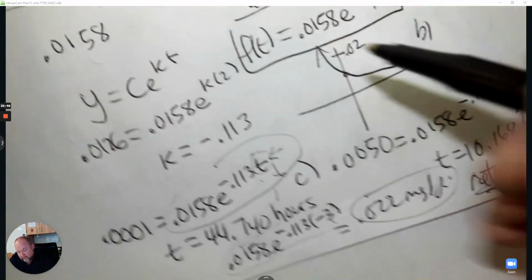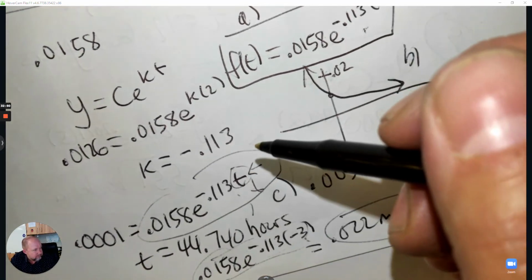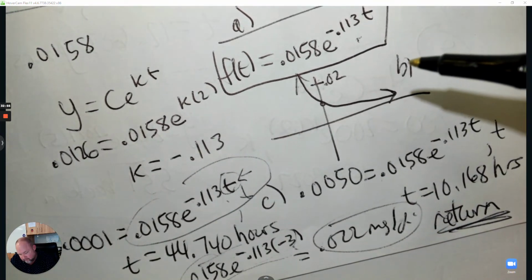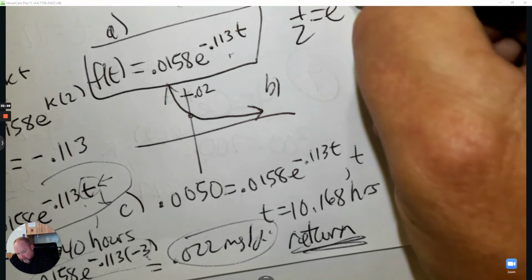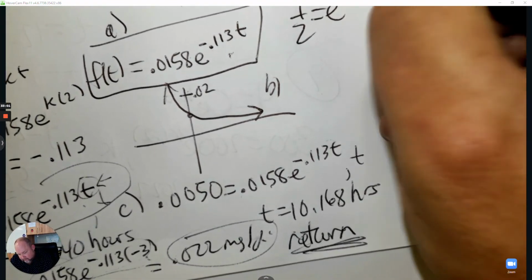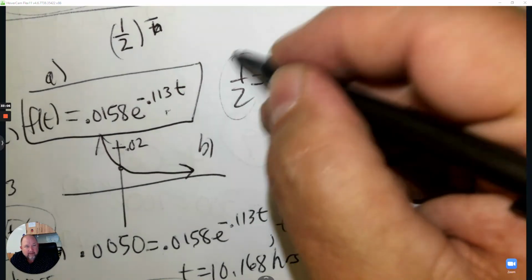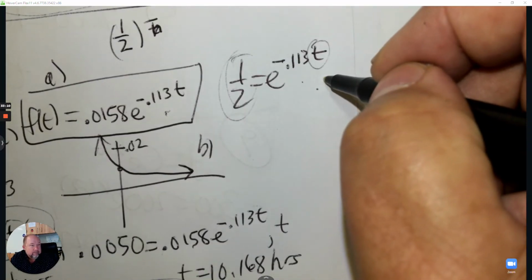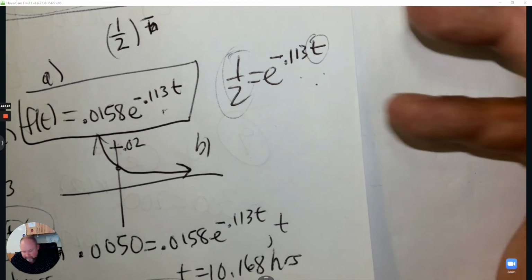So ultimately, half-life, this is what you're solving for. When will it become half its size? At what time will it become half its size? So take that equation, solve for t, and you get the answer, about 6 hours.